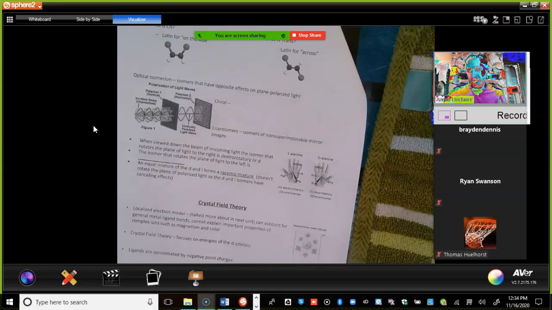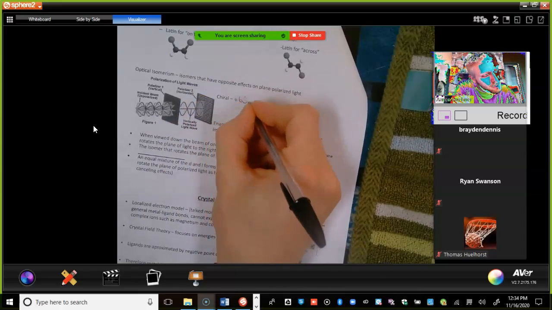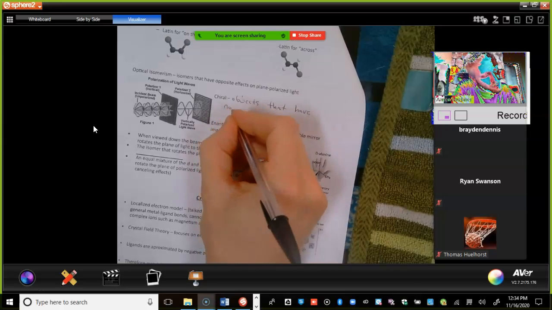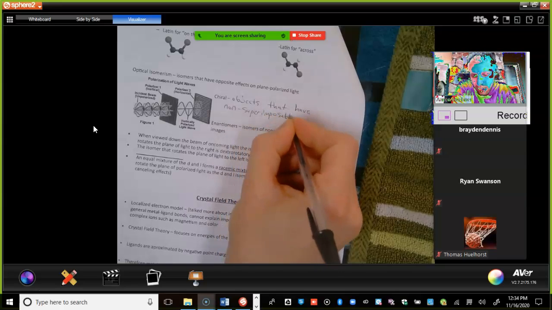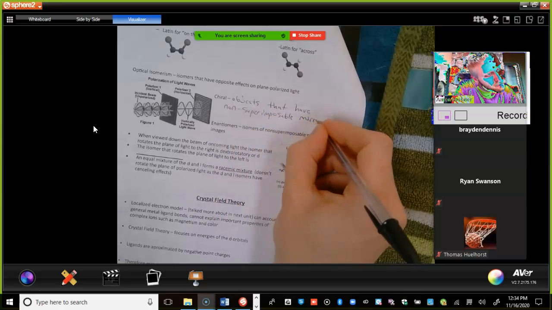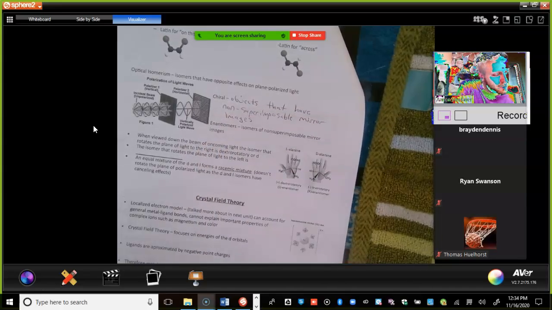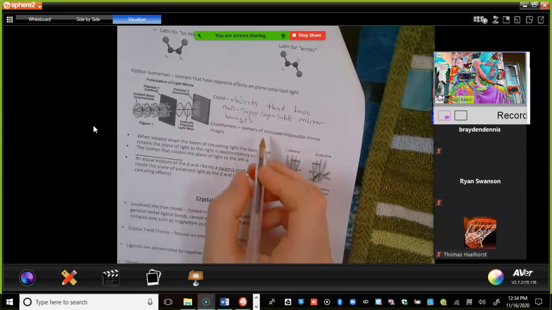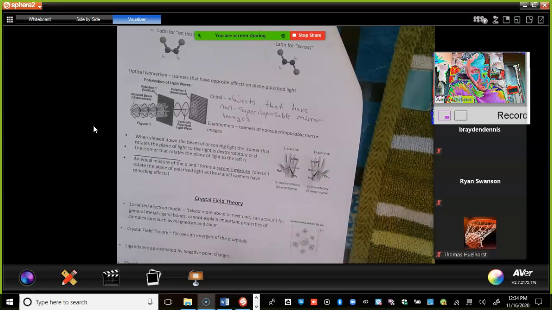We got chiral and enantiomers. Chiral is objects that have non-superimposable mirror images. And an enantiomer is isomers of non-superimposable mirror images. So enantiomer is the noun, and chiral is the adjective.